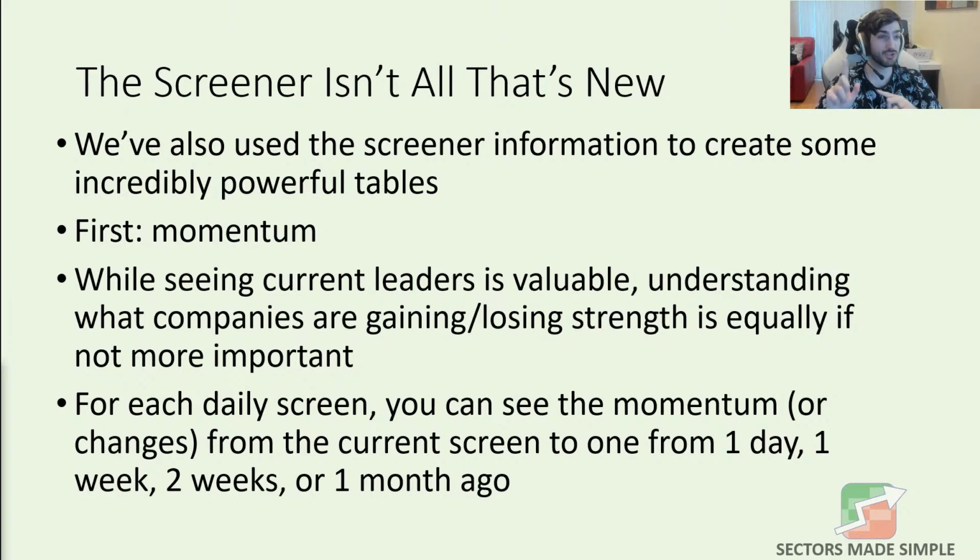And that leadership is different than what it was a day before, a week before, 2 weeks before. So to show you those changes over time, we have the momentum table that will list out the positive and negative changes for all of those companies, so you can see which ones have gained or lost the most strength in the past period. The periods that we offer are 1 day, 1 week, 2 weeks, and 1 month ago.